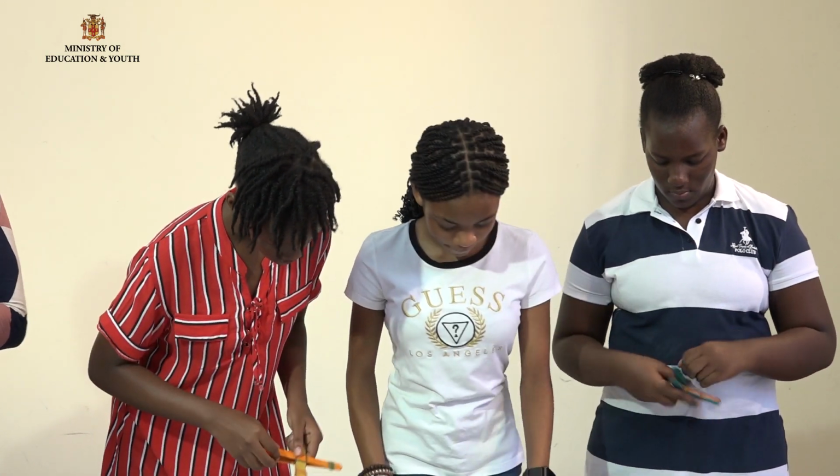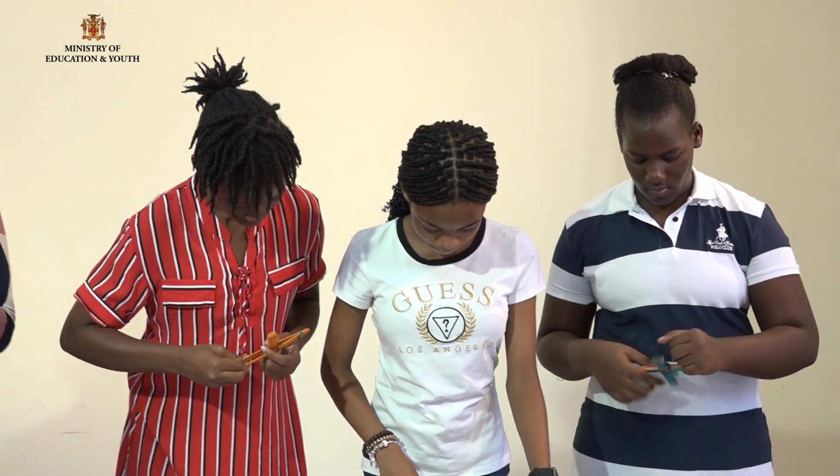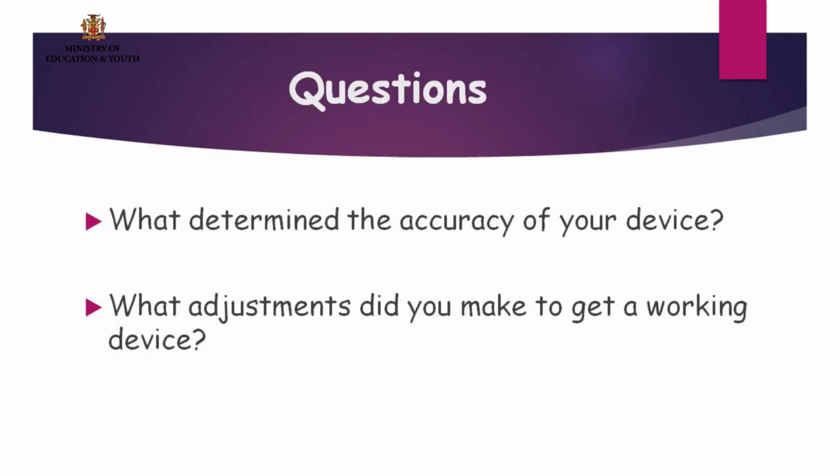So these two questions we want you to be considering as you make your device: what will make it more accurate? What adjustments would you make to make sure that it works? Two questions on the screen for you to bear in mind. All right? So you can go and test out before we actually have the actual demonstration.